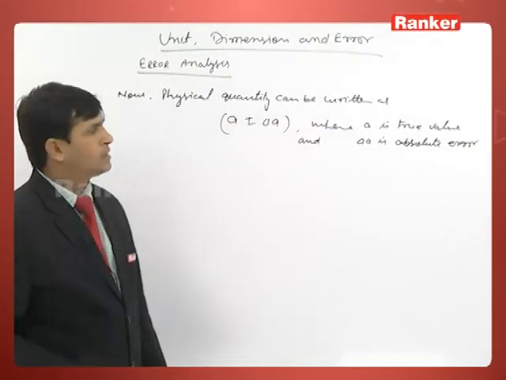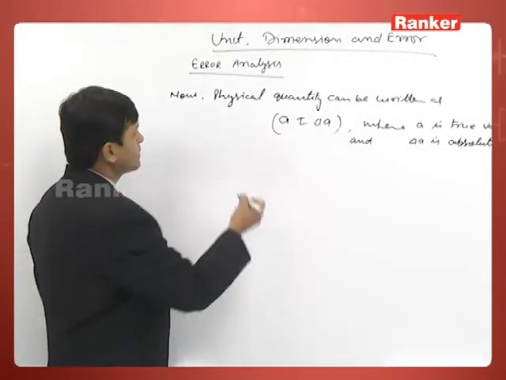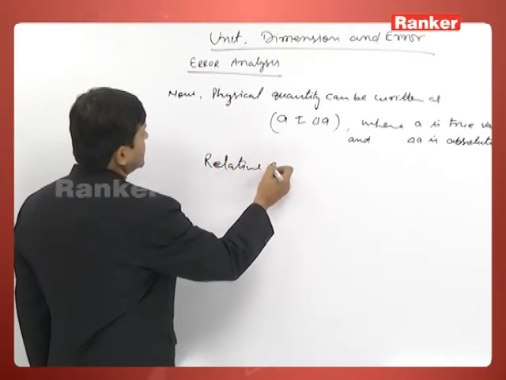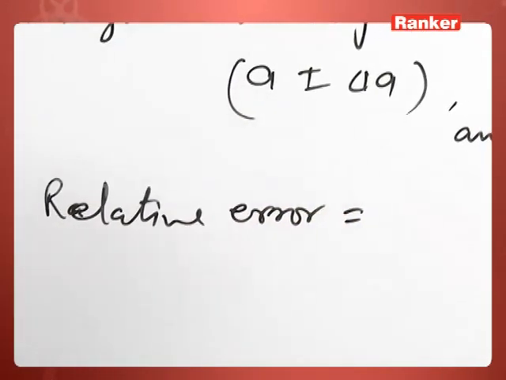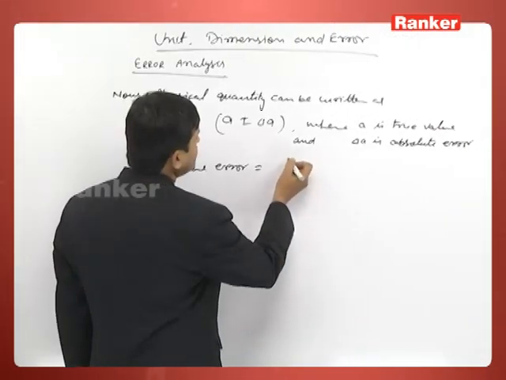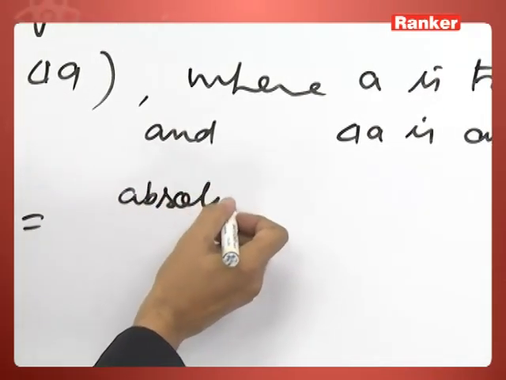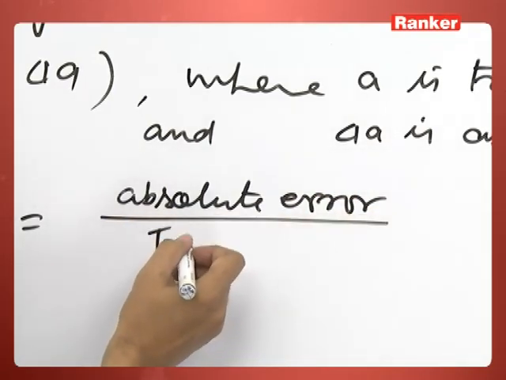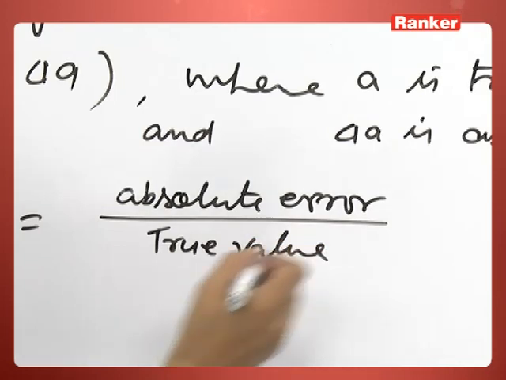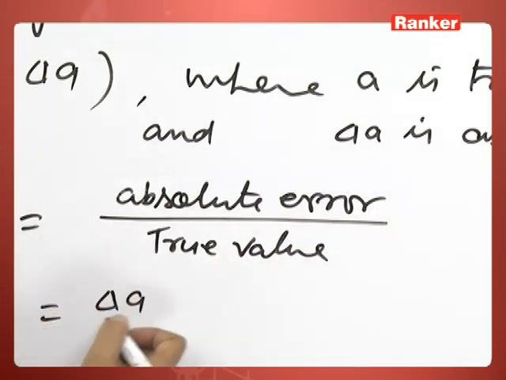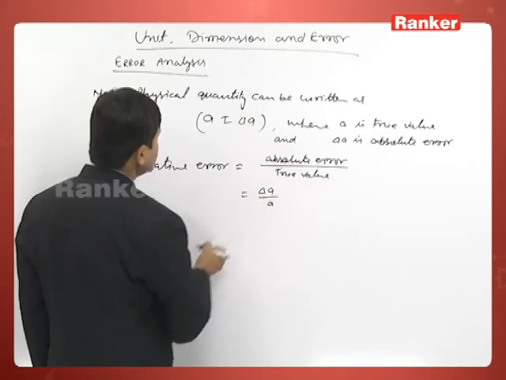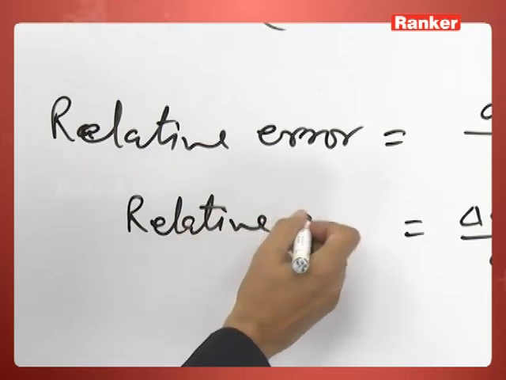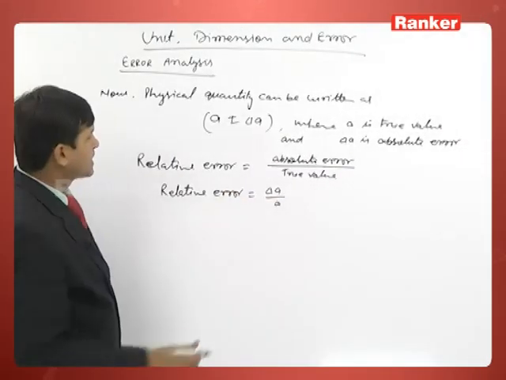Now if we want the relative error, it is nothing but the absolute error divided by the true value. So the absolute error is delta A and the true value is A, and the relative error can be written like this.